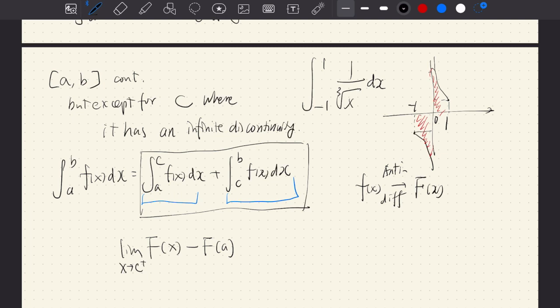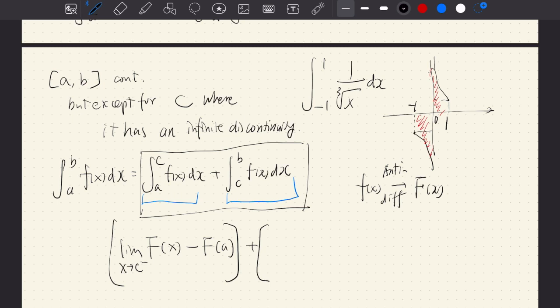You cannot go directly to c, so you go from a to x, and then x goes to c from the negative side. This is the left-hand side, for the first term.